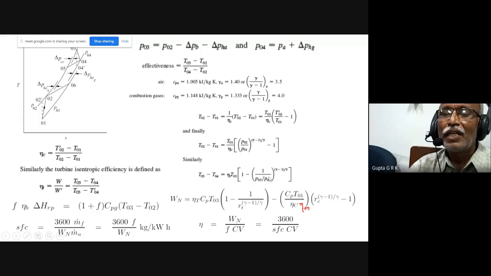Here I take T03 out, so it is 1 minus T04 dash by T03, and that is 1 by P03 by P04 to the power of gamma minus 1 by gamma. So that's what I will write here. This gives T04, which I can find out.